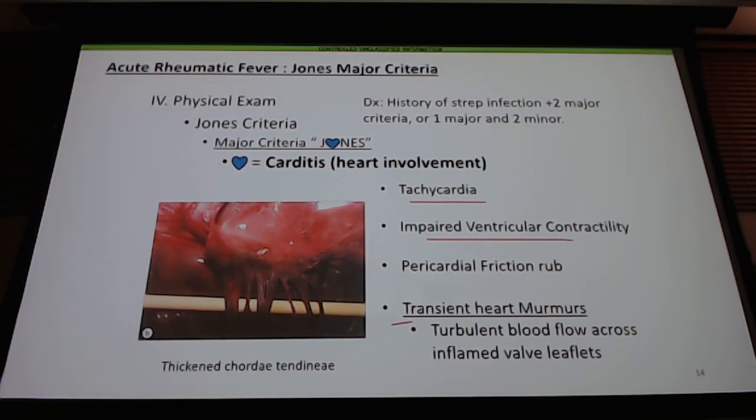You may have impaired ventricular contractility, so it's not contracting as strongly as it should. And because this is an inflammatory reaction, you could get a pericarditis component as well, and you may hear that friction rub from the pericarditis.